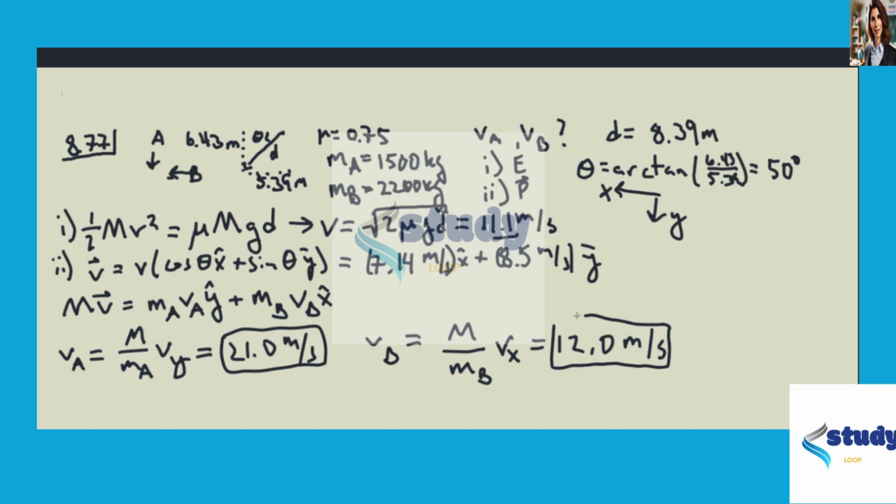So perhaps the SUV was slowing down and trying not to run a red light and didn't do it in time and got hit by the sedan, or who knows what, we're not told. But in any event, these are how fast they were going before the collision, and we've worked backwards from what the results were to what the initial conditions were.